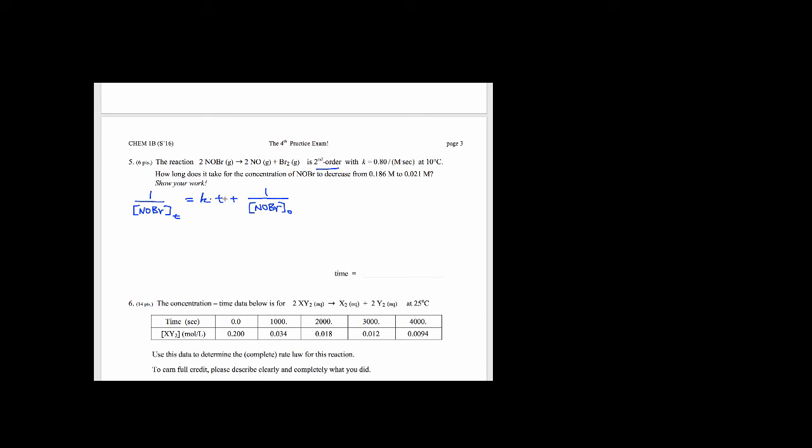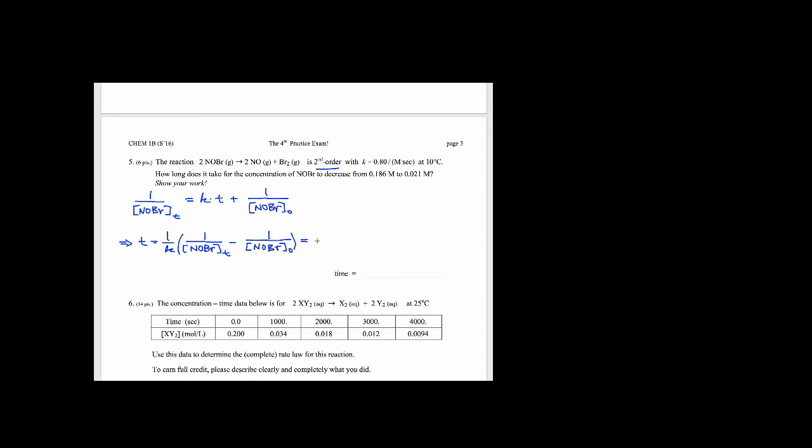We are solving for time, so to solve this equation for t, that's equal to 1 over k times 1 over the concentration of NOBr at time t minus 1 over the concentration of NOBr at time 0.